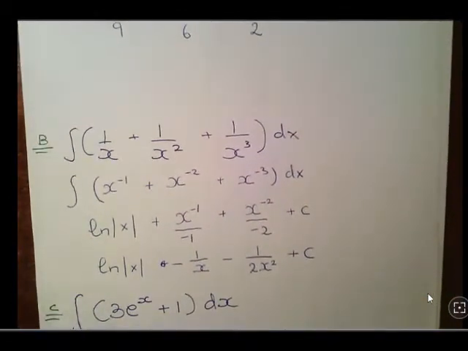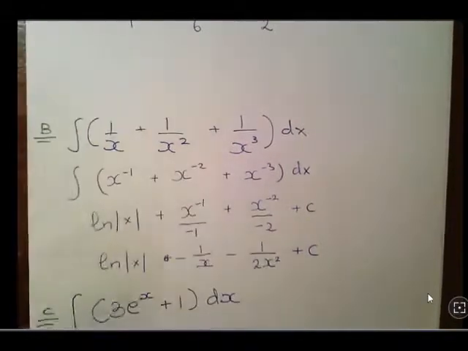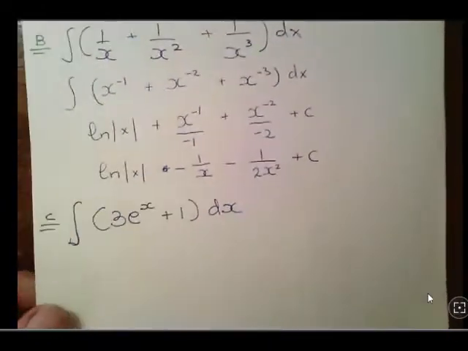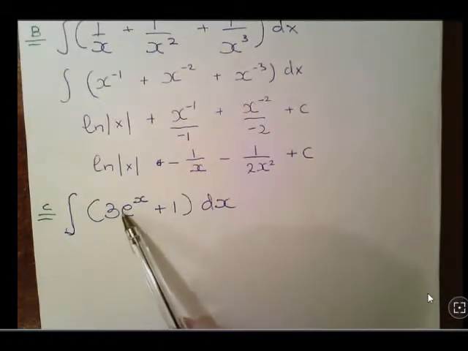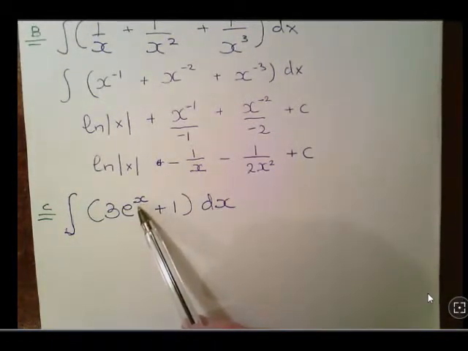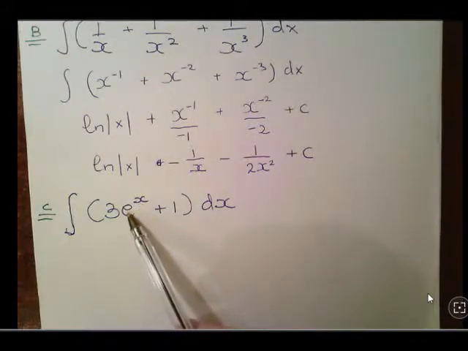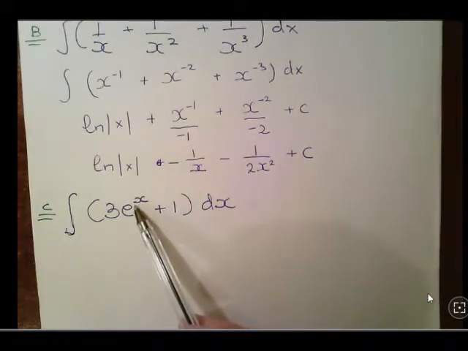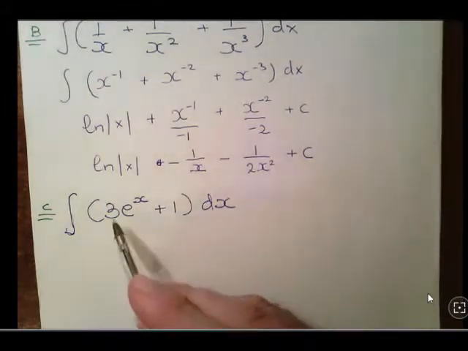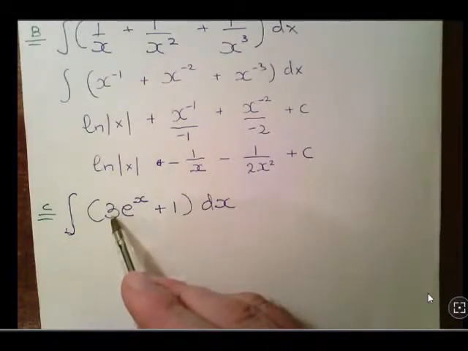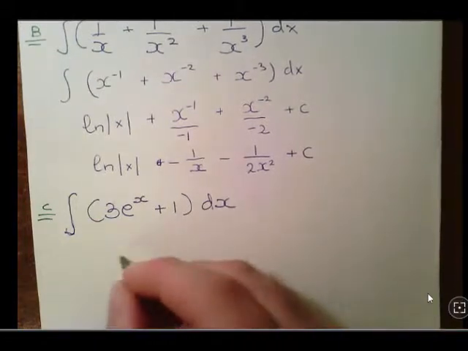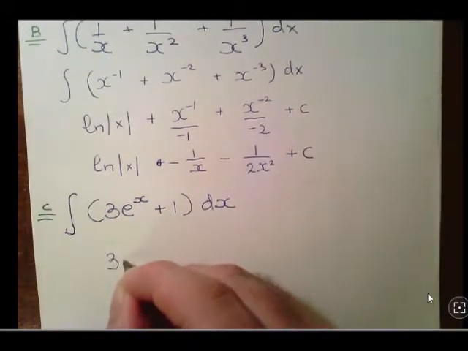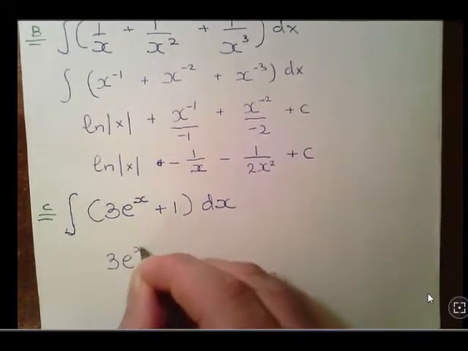Now, the next one looks awkward. e to the x. So we have 3 times e to the x. Now this actually works out to be something very simple. The integral of e to the x is just itself. The 3 we don't have to worry about, we just treat it as a constant, so we end up with 3 times e to the x.